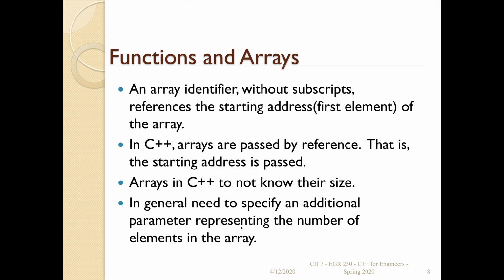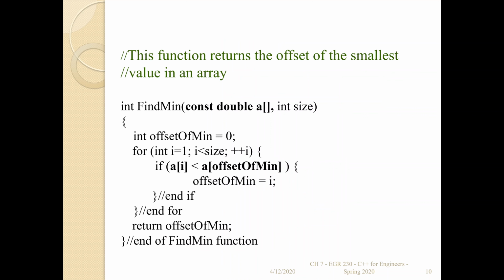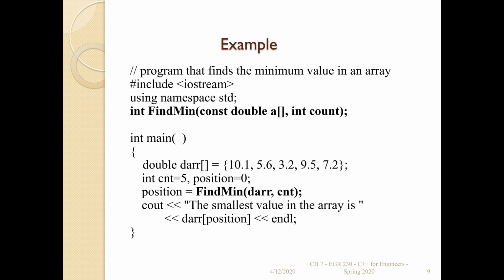So you need to pass in the size of the array. Okay. So here's a function, and this is a function to find the minimum value of an array. But before we take a look at that one, we'll go back to our program, and we'll just show you how it works, and then we'll take a look at this function.